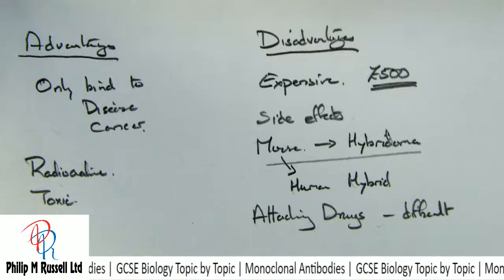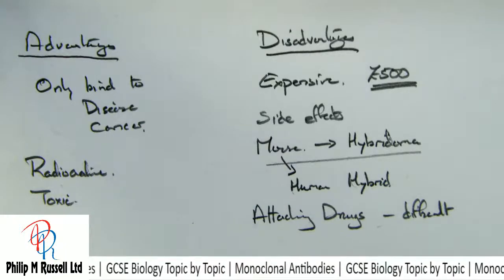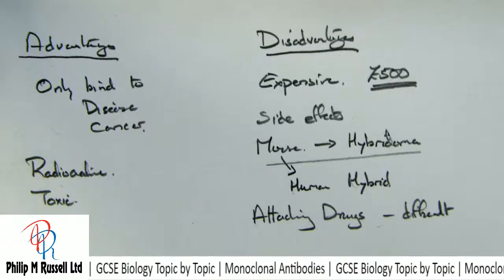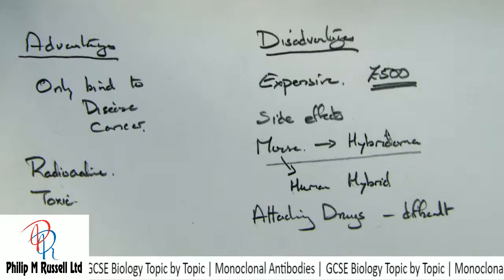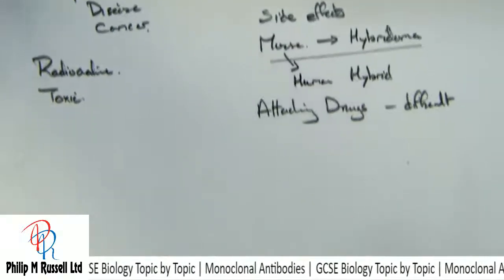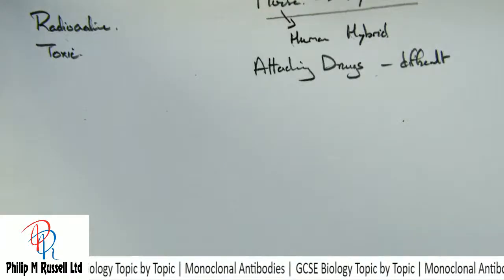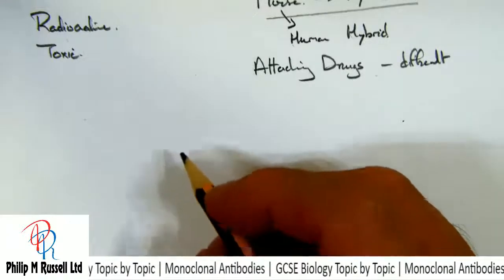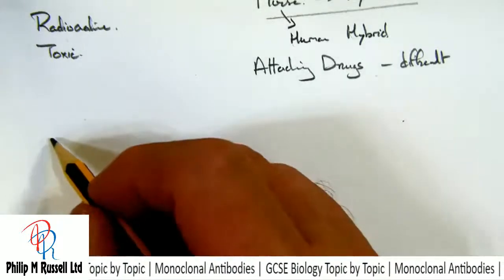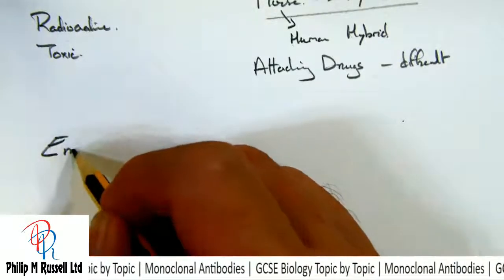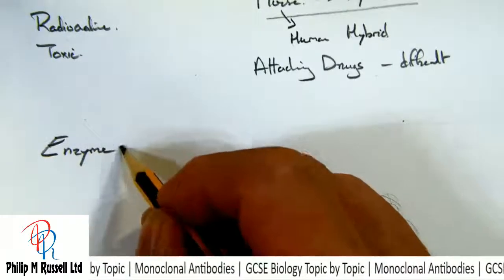So we think about some of these names. Monoclonal antibodies can be used to make something called enzyme-linked immunosorbent assays. That sounded horrible, didn't it?